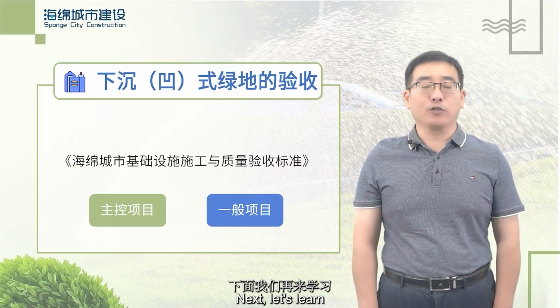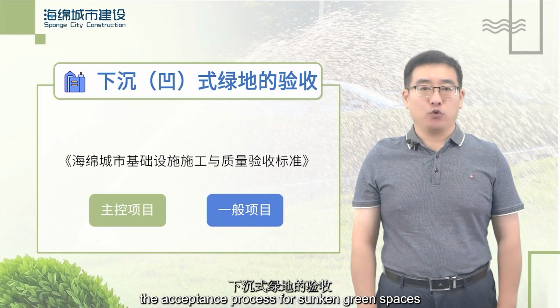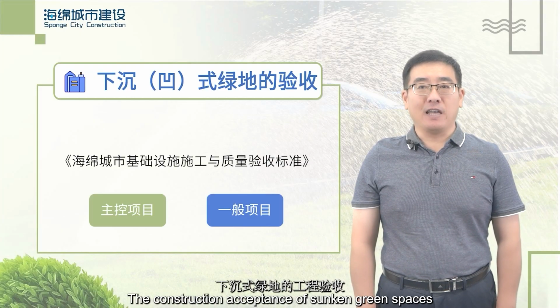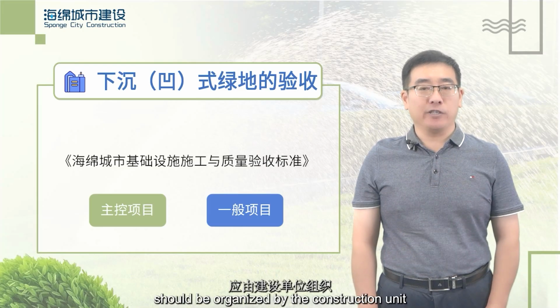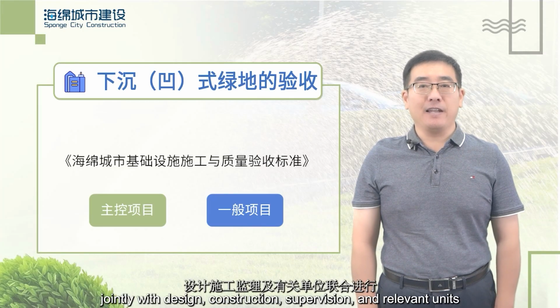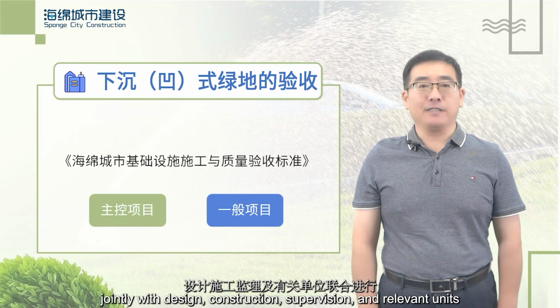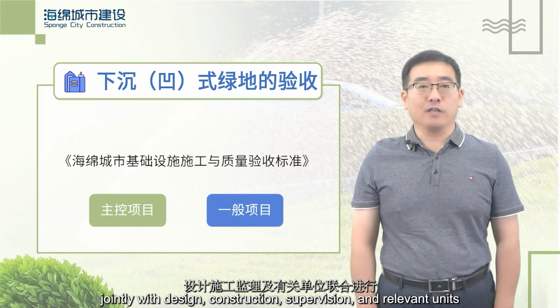Next, let's learn the acceptance process for sunken green spaces. The construction acceptance of sunken green spaces should be organized by the construction unit, jointly with design, construction, supervision, and relevant units.